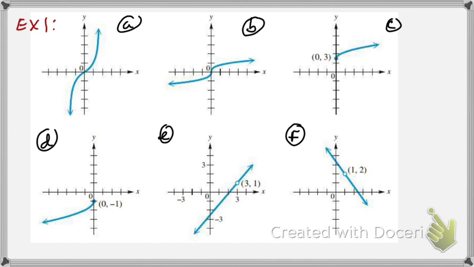And again, you don't have to write this down. But look at A. Continuous or not? Yeah, I could draw it without lifting my pencil. But let's talk about the interval that it's continuous over. So the x's start way out there on the left at negative infinity, right? If I could go out there, this would be continuous over its whole domain.